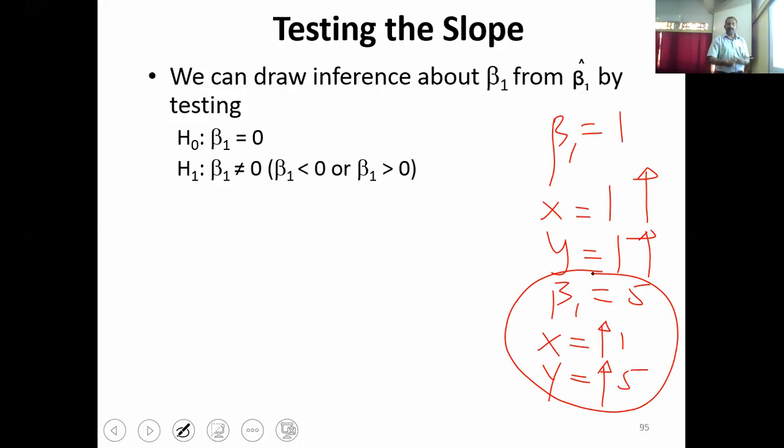So we can test any slope value. It is not necessary to test whether it is 0 or not. For example, in agriculture, if I increase 10 kilogram of fertilizer per hectare, what is the increase? Maybe the yield may be increased by 20 kilogram.